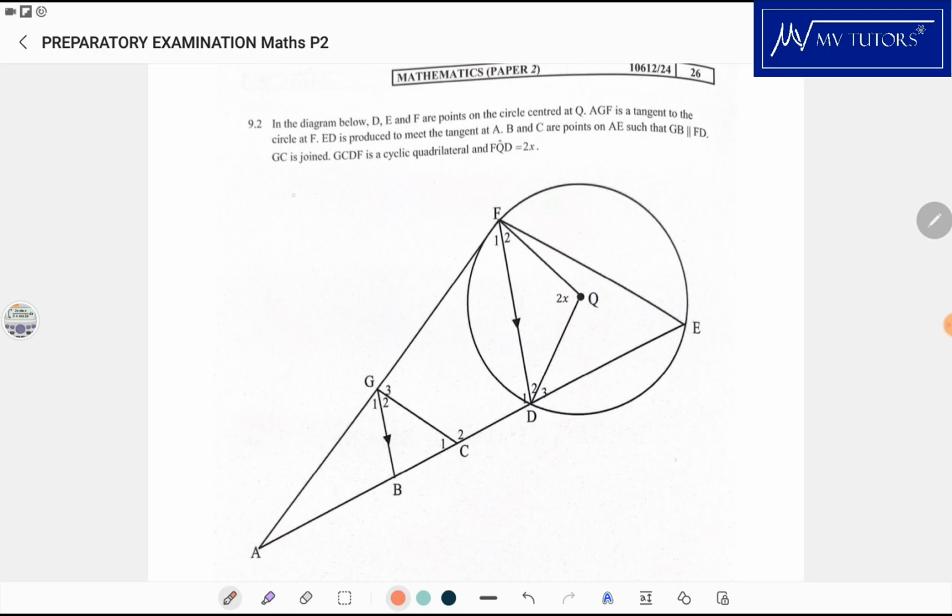It's shown as well. GC is joined. GCDF is a cyclic quad, and FQD is equal to 2x.